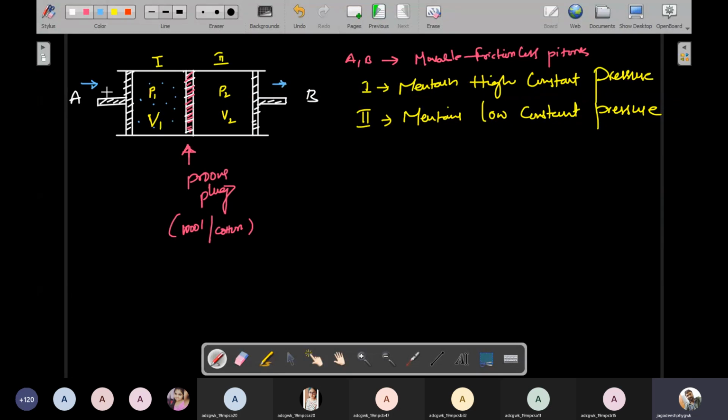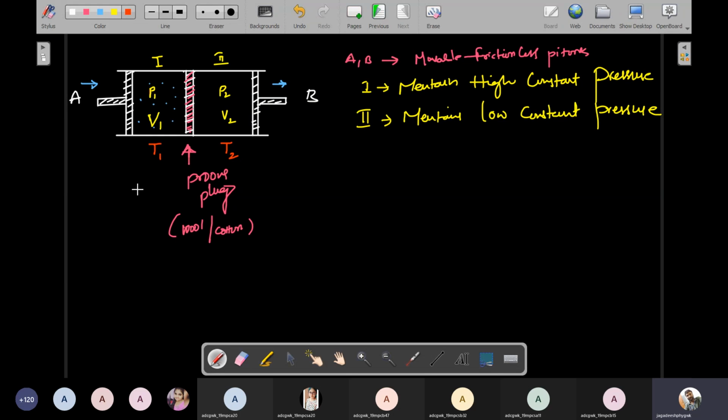Now the gas escapes through this porous plug. Whenever the gas escapes from the first chamber to the second chamber through a porous plug, it definitely suffers some temperature change. Once again I'll write here. This chamber maintains temperature T1 and this chamber maintains temperature T2.